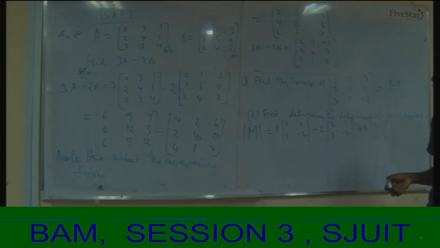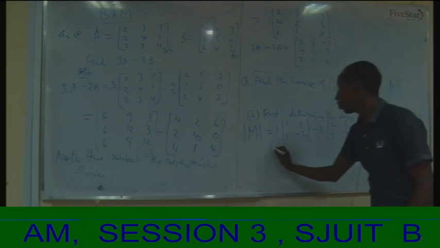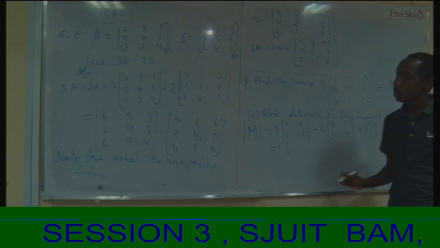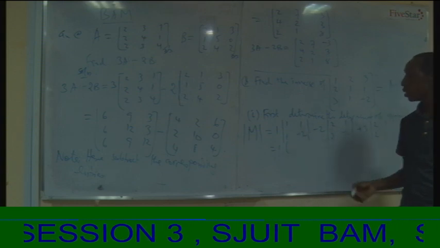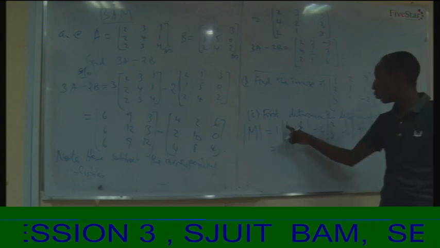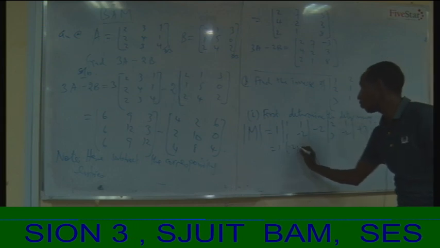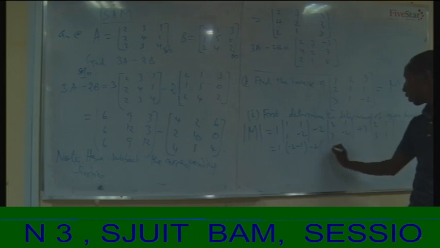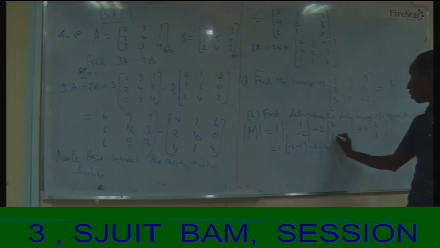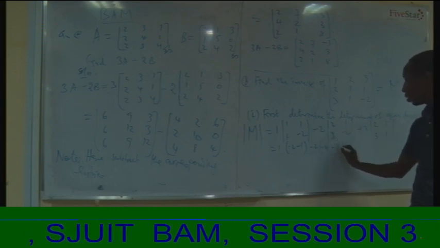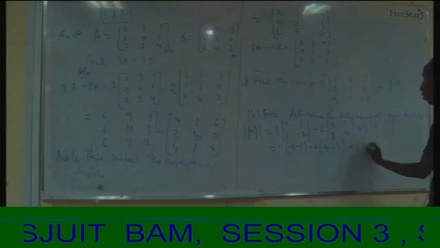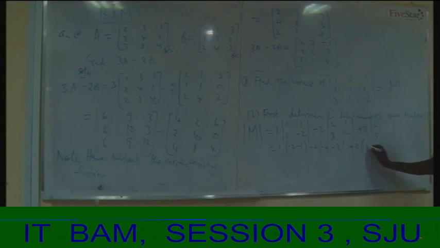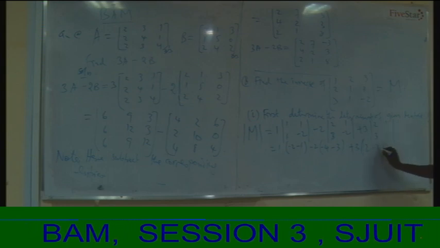To find the determinant of a 2 by 2 matrix is simple. So this will be equal to 1 times, we take the product of the leading diagonal minus the product of the other diagonal. So this is 1 times negative 2, it's negative 2, minus 1 times 1 is 1, minus 2. 2 times negative 2 is negative 4, minus 3 times 1 is 3, plus 3 times 2 times 1 is 2, minus 3 times 1 is 3.